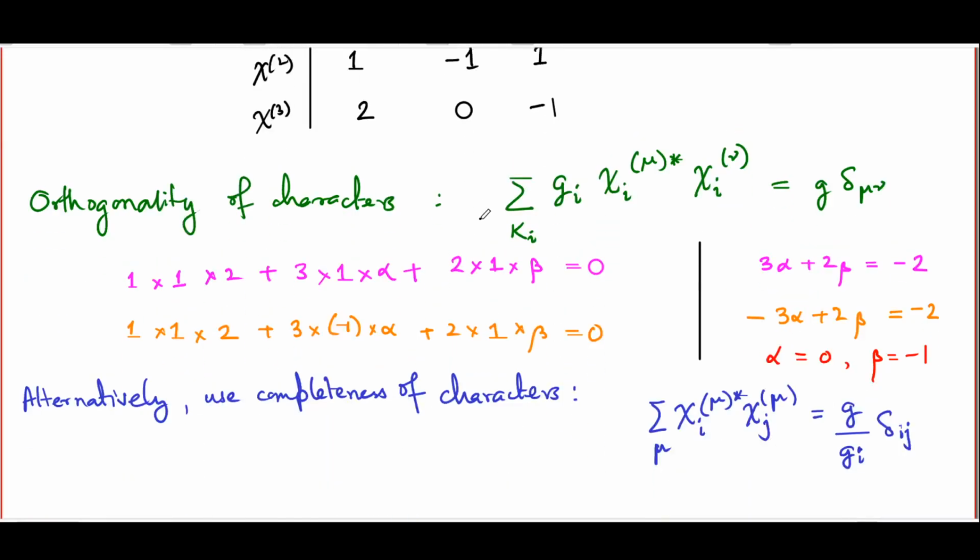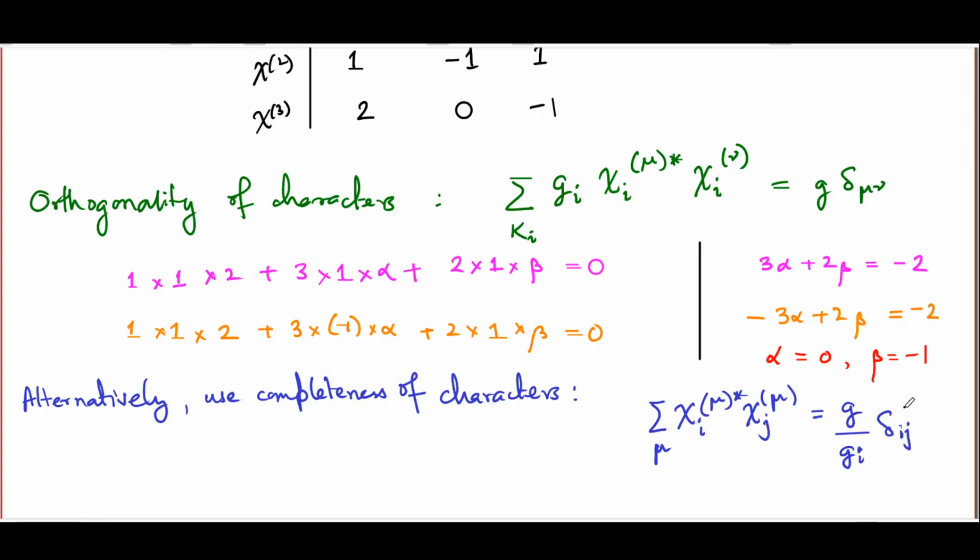Well, actually you could have got this result even more easily by using the completeness of characters, which says that if you multiply chi mu i star with chi mu j and sum over all irreps mu, you would get g by gi times delta ij.